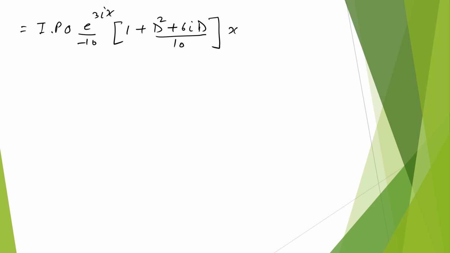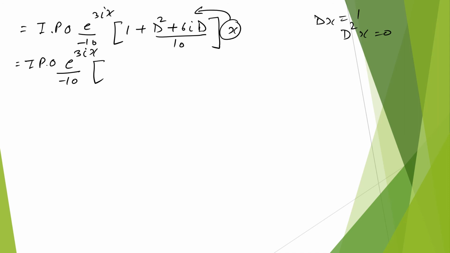We are not required to expand beyond dx, because when we multiply d square into x it will be 0. So the imaginary part of e to the power 3 iota x over minus 10 into x, where x is multiplied into the bracket term, we get x, and d square into x is 0, so we get only plus 6 iota over 10.